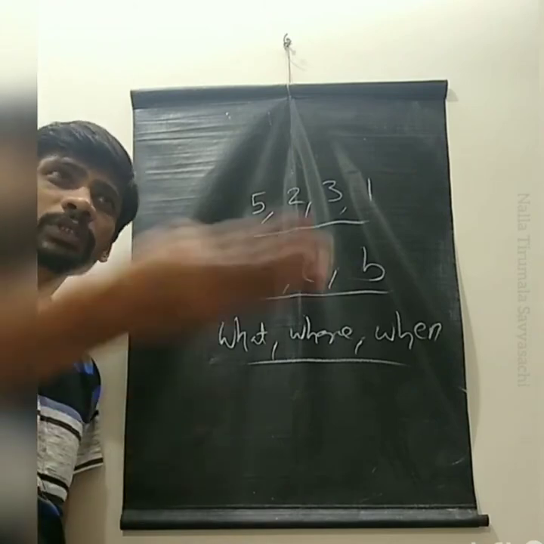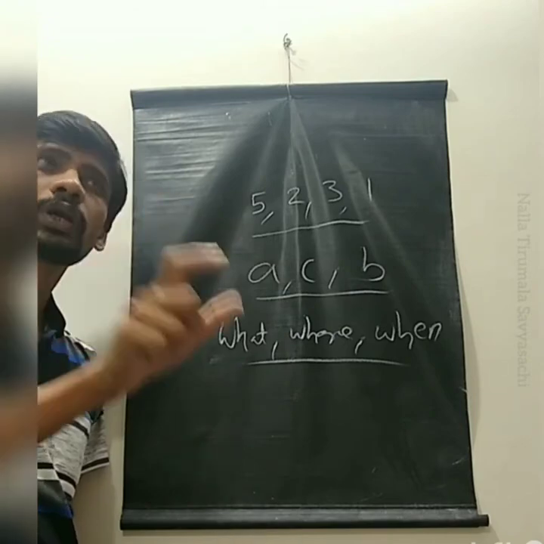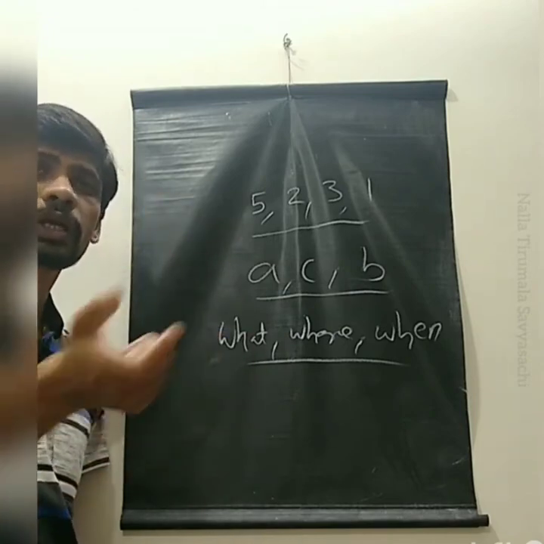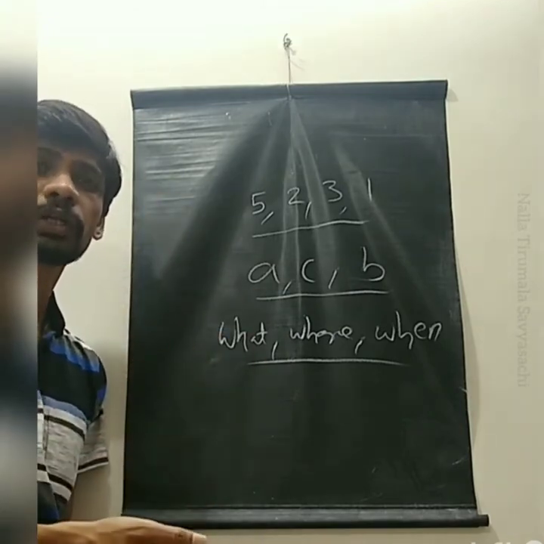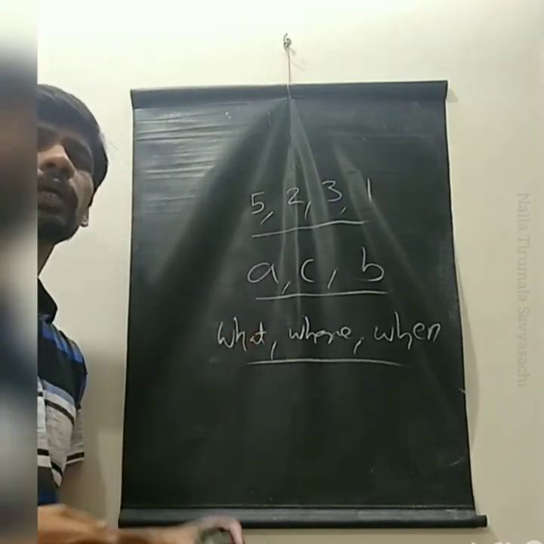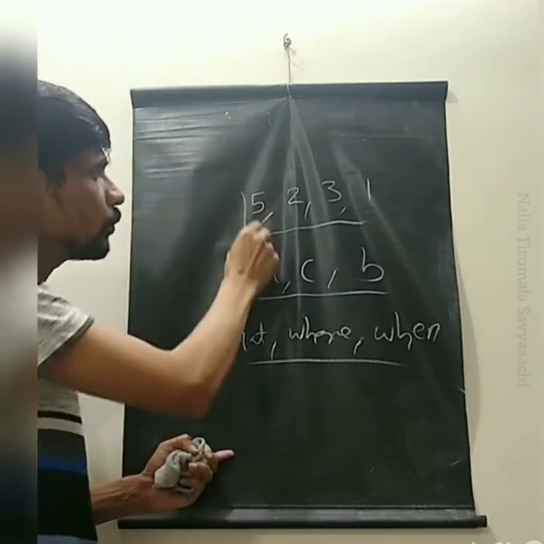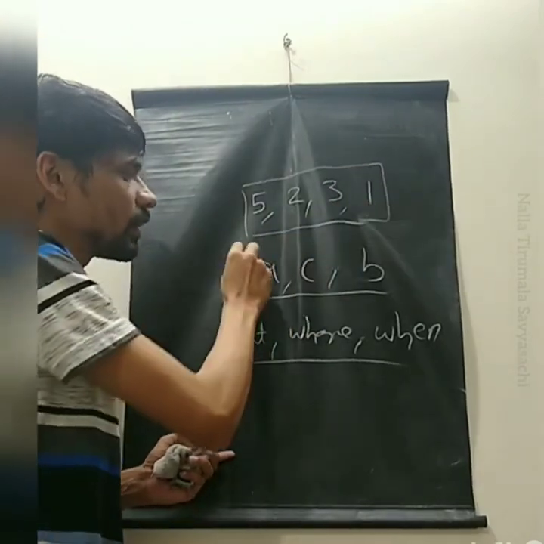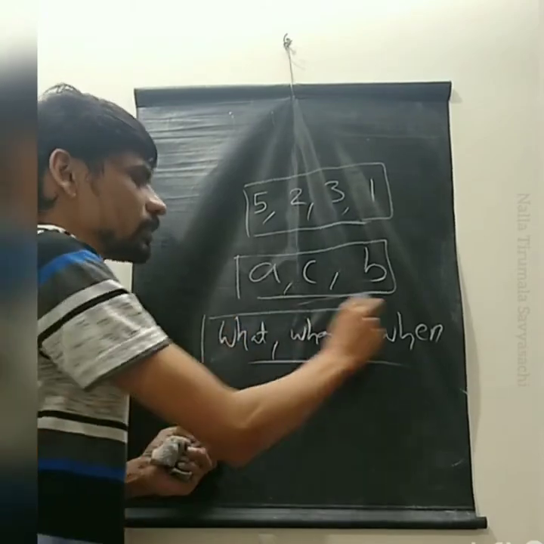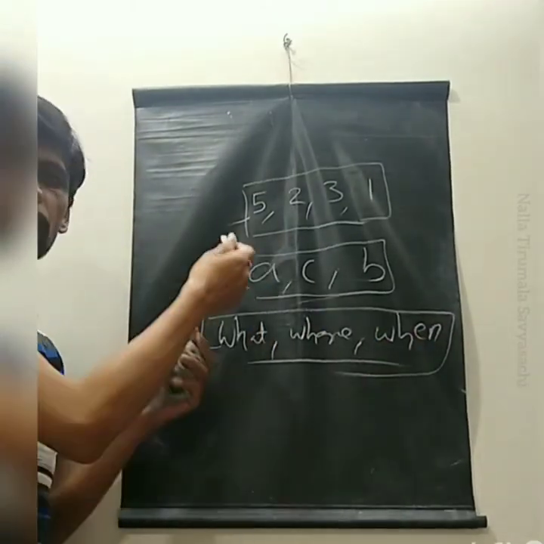If the numbers are in sorted order, then you can easily find the pattern or the approach to identify the problem. If it is random, then it becomes difficult to understand. For example, I have three different kinds of data sets here: numbers, characters, and words.